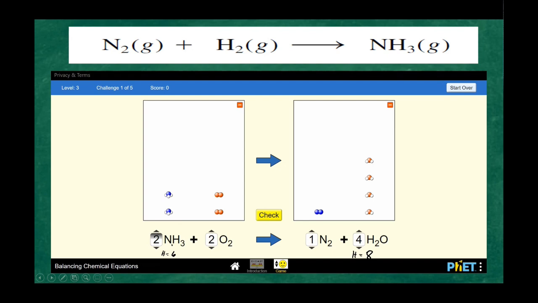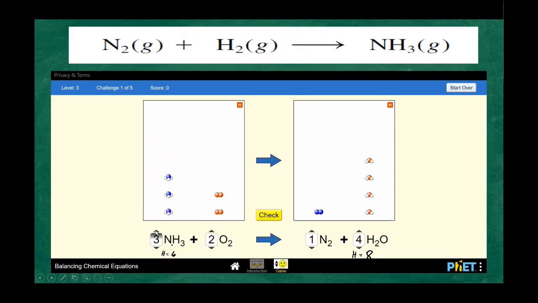So let's add another 3, and then it is 9. The hydrogen is 9, and then let's add another to make it even. So now we have 4 times 3, we have 12 hydrogen.